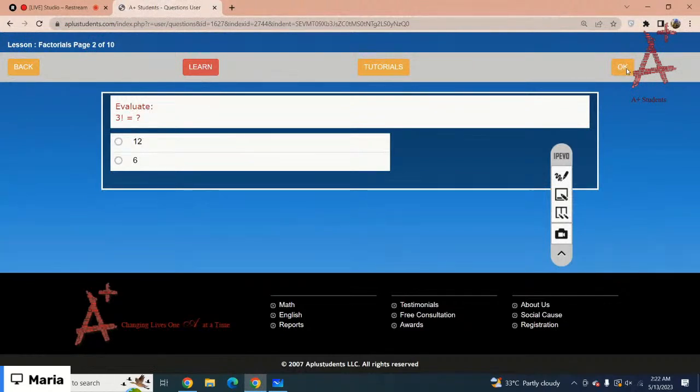Okay, the next one is 3 factorial. That means you have to do 3 times 2 times 1. Got it? It would be 3 times 2 is 6. That means 3 factorial equals 6. The correct option is 6.